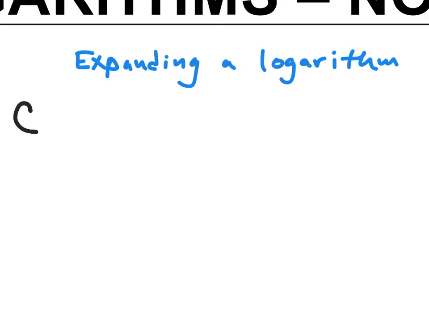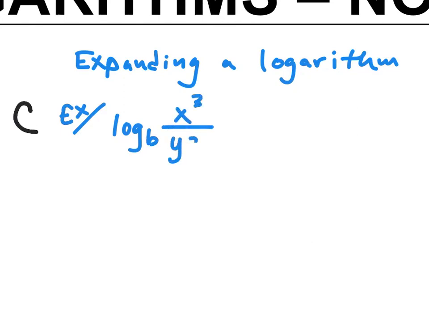I'm going to do the example of, let's just do log base b of, say, x cubed divided by y times z. So what I have is log base b of this whole thing.